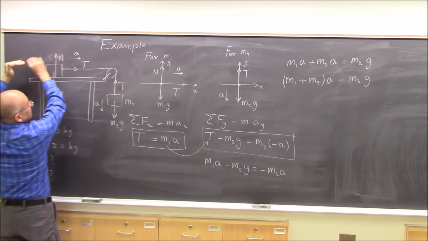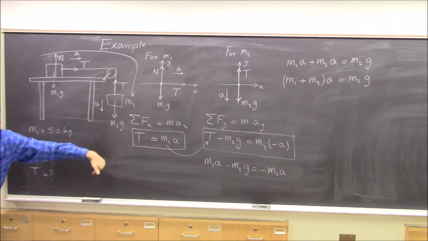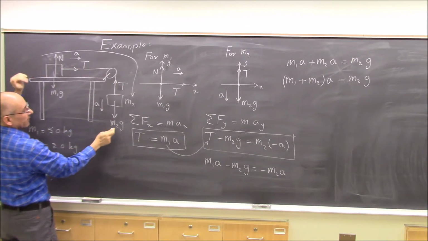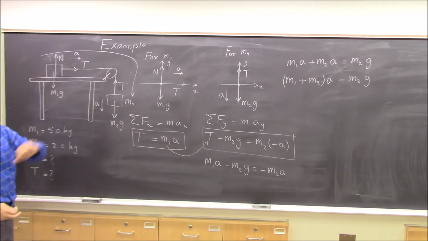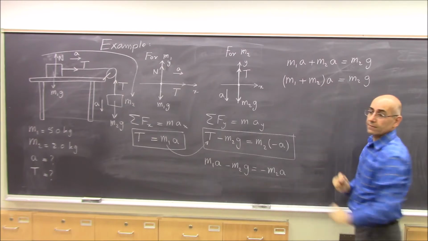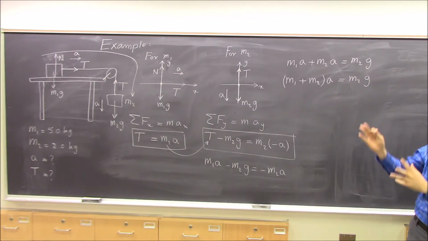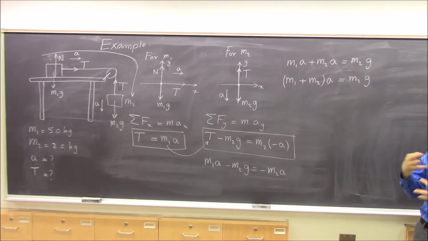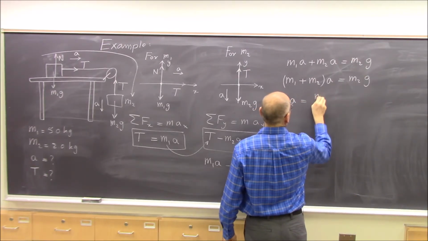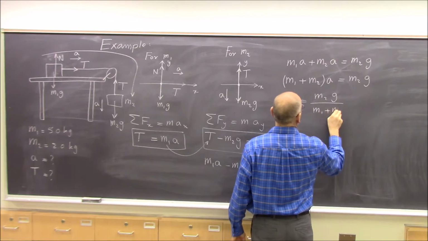And if you take an axis going like this, like one object moving in that direction, both as a system as one object, the net force here is m2g. And the total mass is m1 plus m2. This tells you m2g, the net external force, is equal to total mass times acceleration. You see, Newton's law applies to the system of objects together. We're going to see that in more detail in chapter 9. So acceleration is just m2g, the net external force, divided by m1 plus m2.